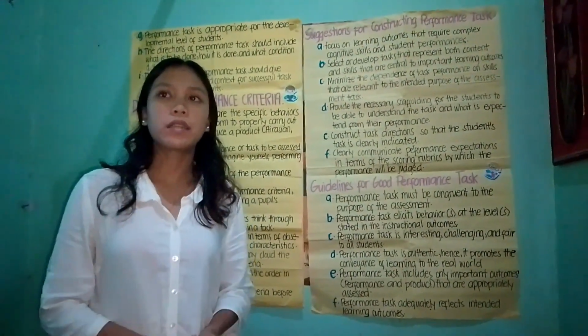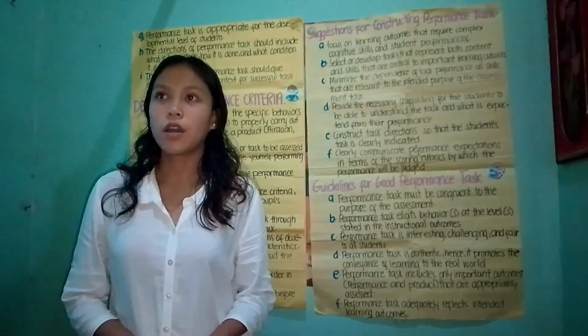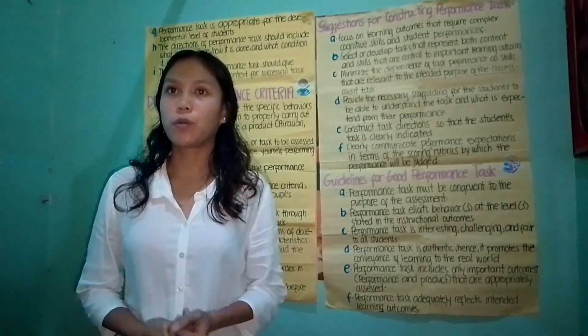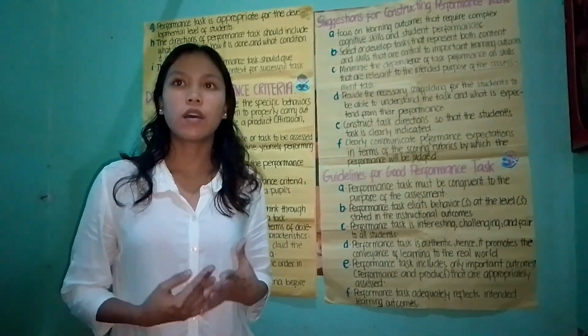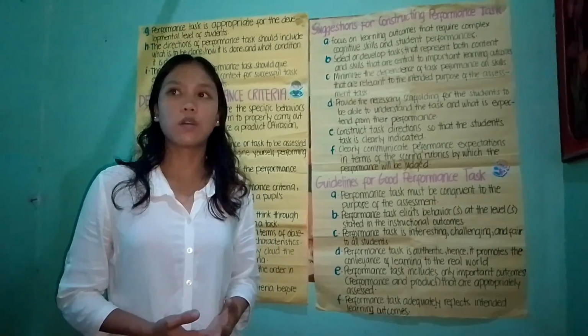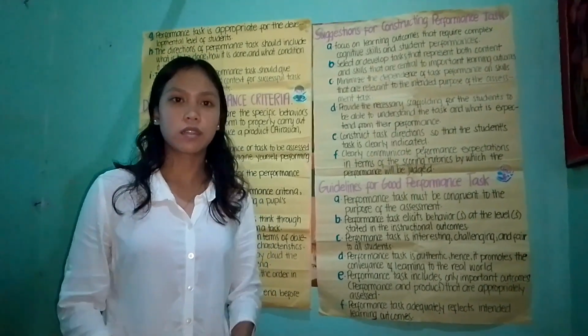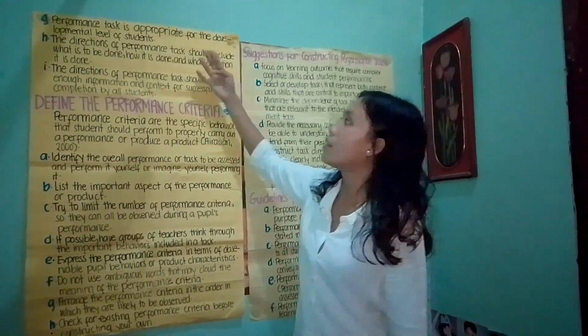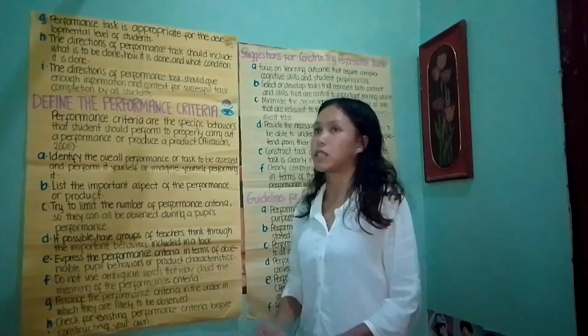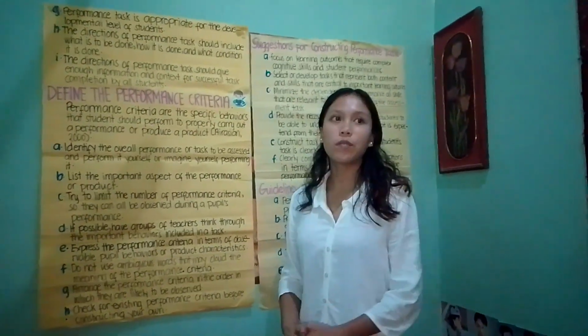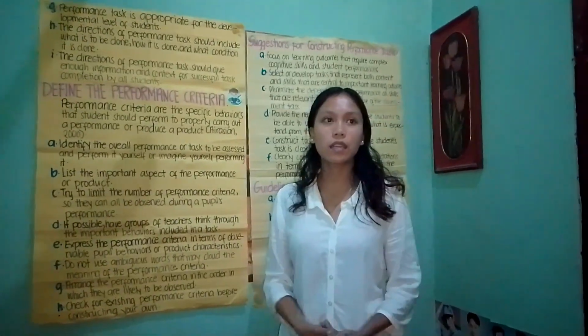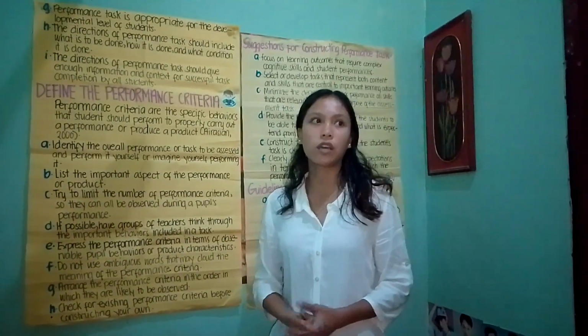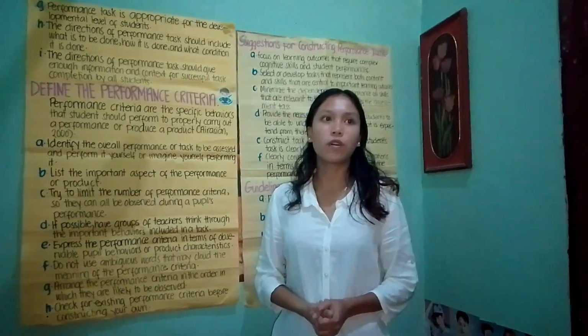So, the performance task should accurately measure whether students have achieved the learning goals you set out. Letter E, performance task is appropriate for the developmental level of students. Ang performance task should be challenging but achievable for students.